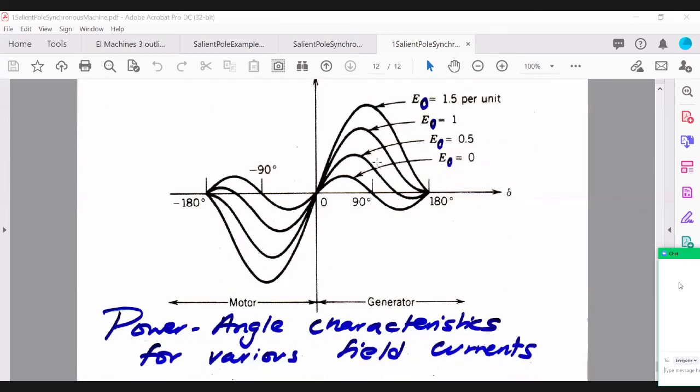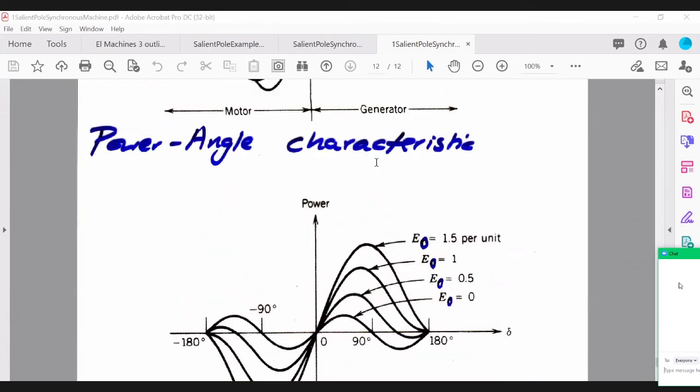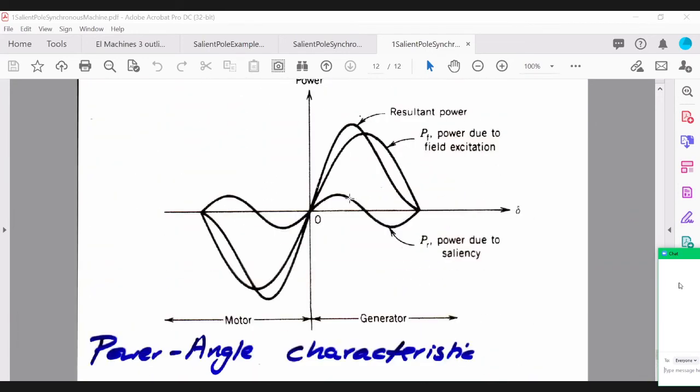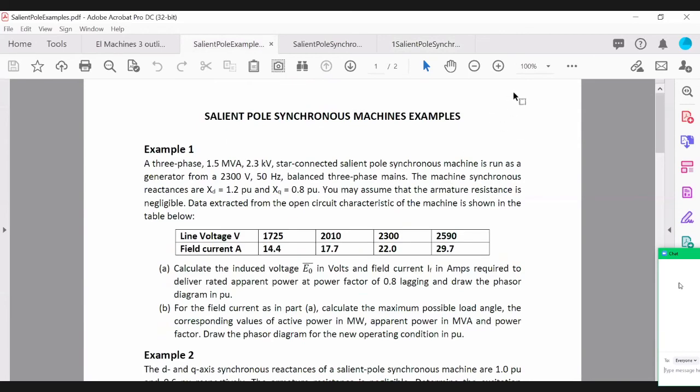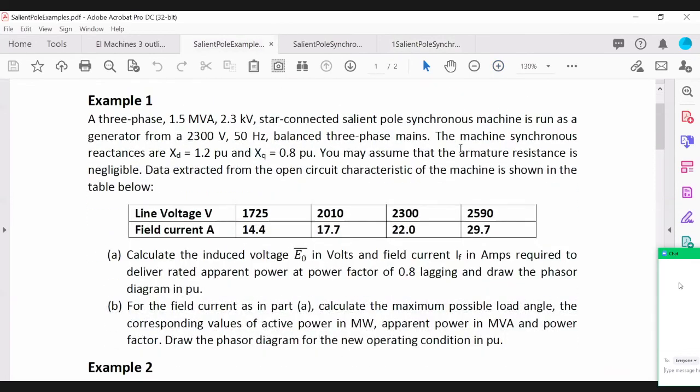In terms of the notes for this section, we've covered most of what is required. I just wanted to introduce one example today so that we can have a look at how a salient pole machine can be analyzed.